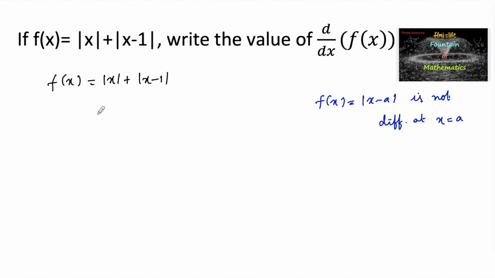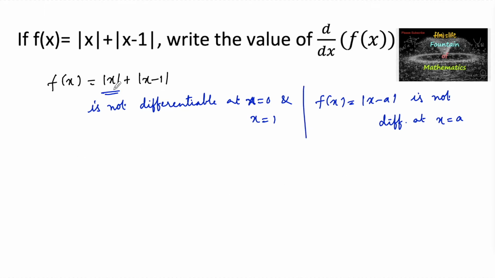So clearly this function f of x is not differentiable at 2 points: at x equal to 0 in the first case, mod x, and x equal to 1 in the latter case, that is x minus 1.